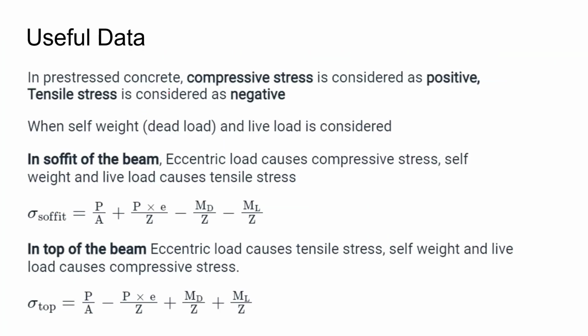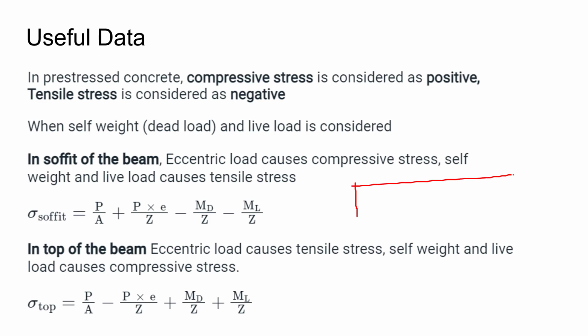In prestressed concrete, compressive stress is considered as positive and tensile stress is considered as negative. When the self-weight or the dead load and live load is considered, in the soffit of the beam, eccentric load causes compressive stress, the self-weight and the live load cause tensile stress.